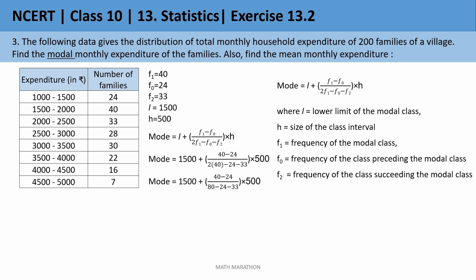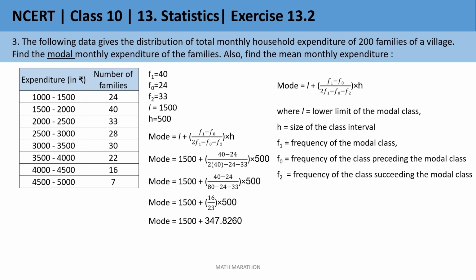In denominator, twice of 40 is 80. Remaining equation I have written as it is. In numerator, 40 minus 24 is 16. In denominator, 80 minus 24 minus 33 is 23. Mode is equal to 1500 plus 16 by 23 multiplied by 500.